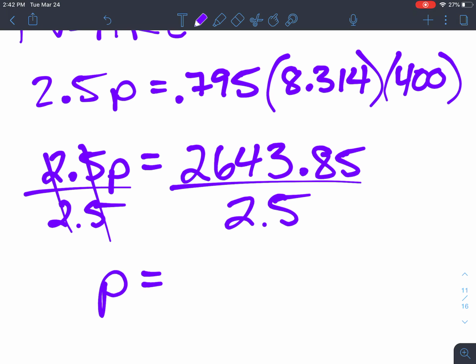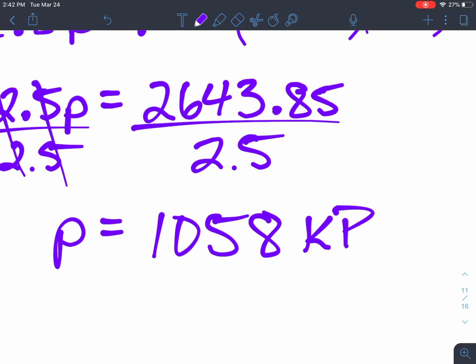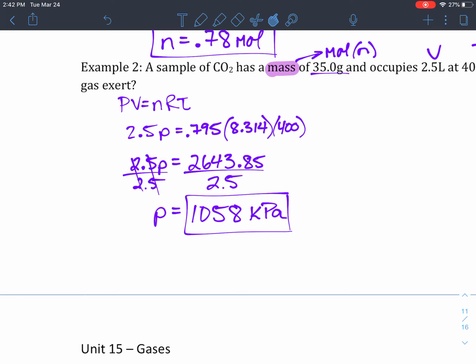And then our pressure is around 1,058, and we were using kilopascals. And that is the answer for this one.